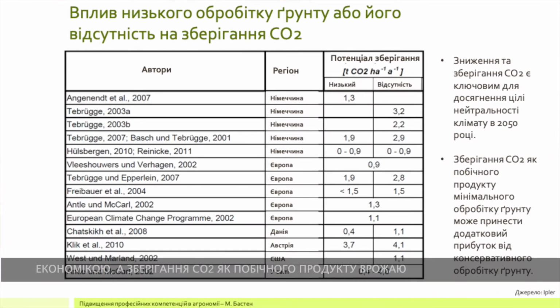So as we know, and as I said, the abatement and CO2 storage is key to meet climate neutrality target in 2050, as it is agreed amongst the world economy, and the CO2 storage as a byproduct of low tillage crop might generate some additional income from conservation tillage in the future.